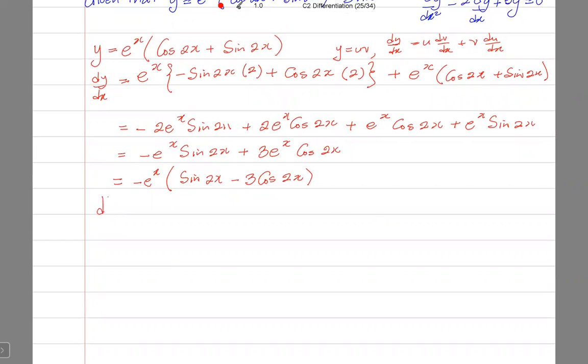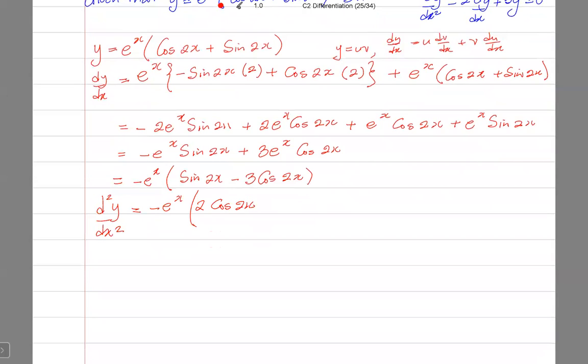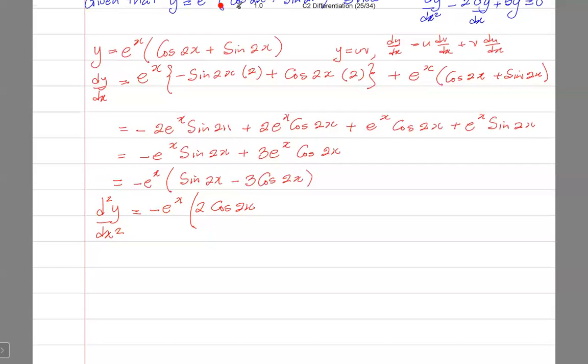So d2y by dx squared, product again. So leave the first, minus e to the x, differentiate the second, differentiate sine to get cos. So this is 2 cos 2x. And the 2 at the front is simply coming from the fact that I have to multiply by the differential of the inside function.